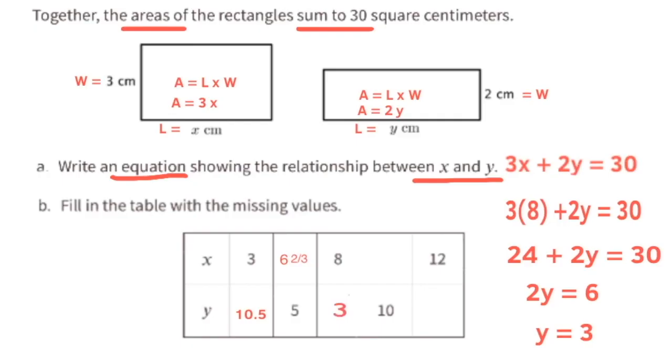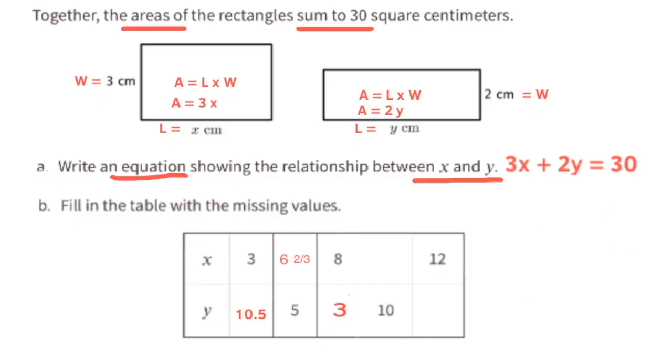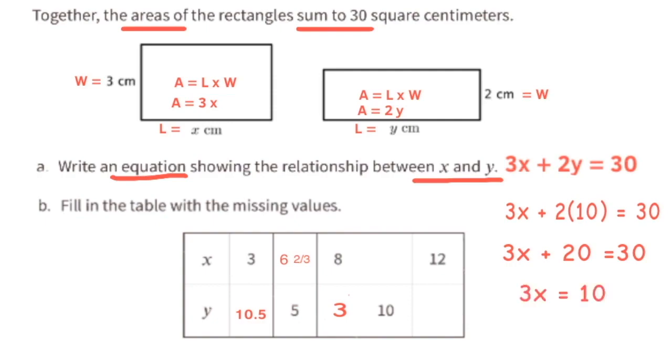Next, they give us 10 as the value for y. In this case, we need to substitute the y with 10. So now the equation reads 3x plus 2 times 10 equals 30. Since 2 times 10 is 20, the equation reads 3x plus 20 equals 30. We'll subtract 20 from both sides of the equal sign, and we're left with 3x equals 10.